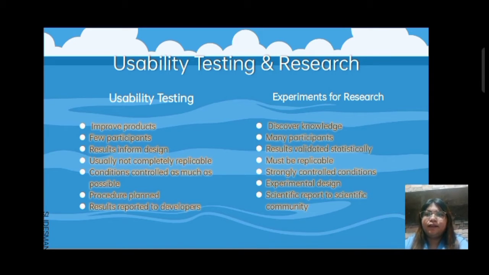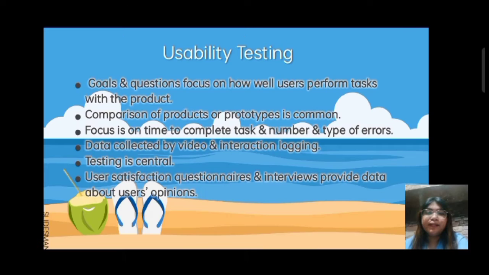Usability testing: improve products, few participants, results inform design, usually not completely replicable, conditions controlled as much as possible, procedure planned, results reported to developers. Experiment: for research, discover knowledge, many participants, results validated statistically, must be replicable, strongly controlled conditions, experimental design, scientific report to the scientific community.